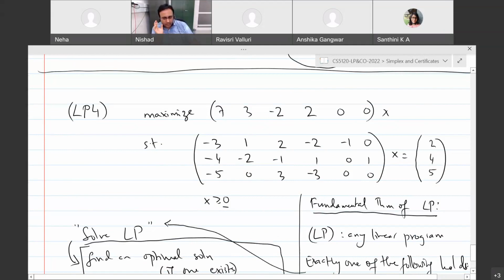So let's do something easier today. Let's look at a special type of linear program, and we will see later how to get to that special kind of linear program. I just want to start with an easier linear program today and go through the simplex method, how it finds an optimal solution.